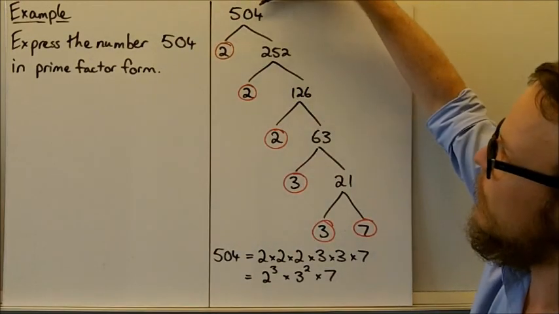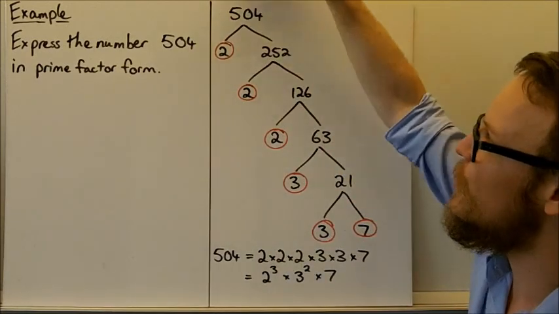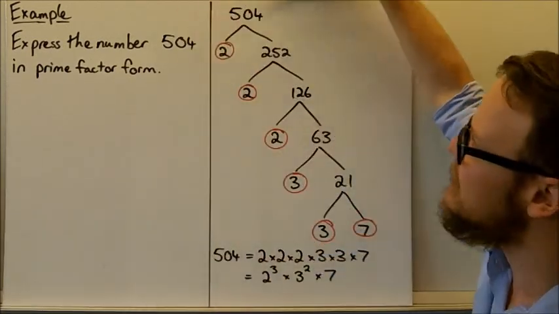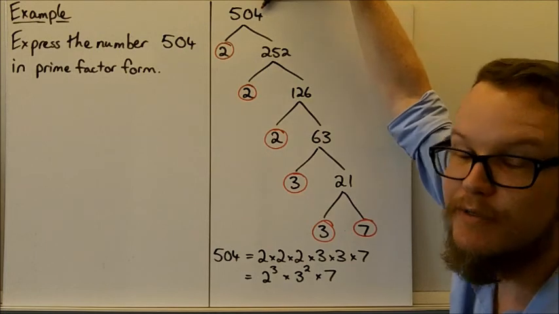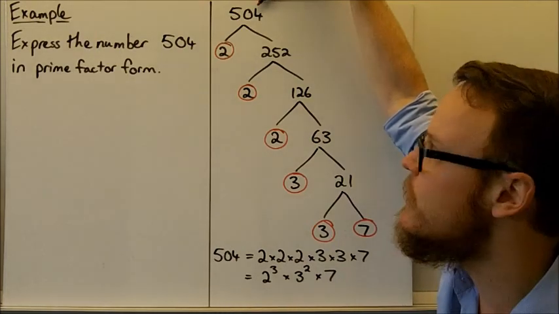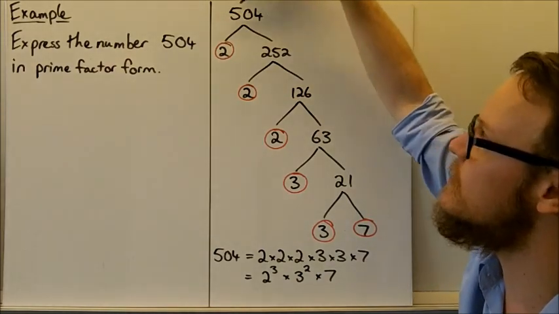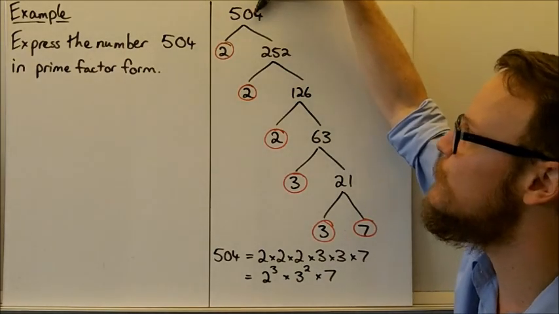If we start with 504, there are a whole lot of numbers that we can multiply to get 504. I find it easier if it is obviously an even number. If it is definitely going to be even, dividing it by 2 until you can't divide by 2 anymore is the easiest because it's very easy to divide a number by 2.